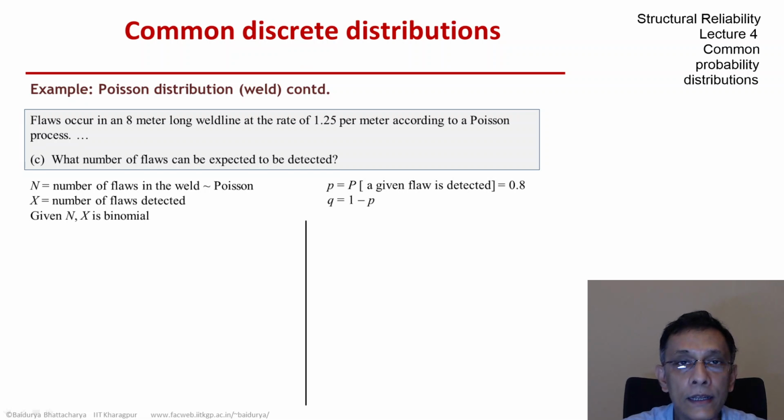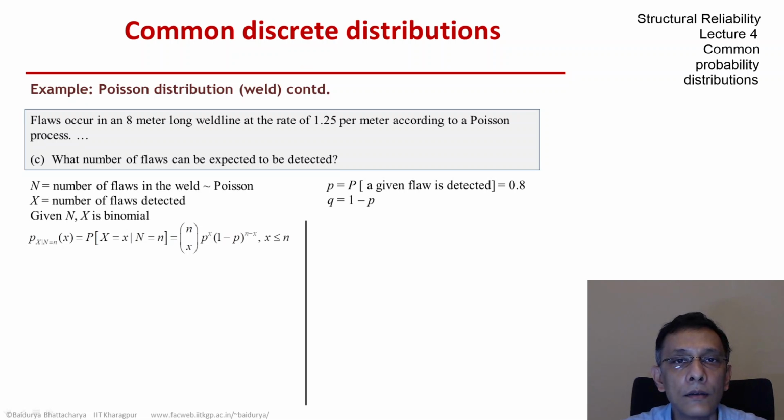So that is clearly a binomial situation, and hence I can write the conditional PMF of X, conditional because I have fixed the value of the random N, as the usual binomial PMF.